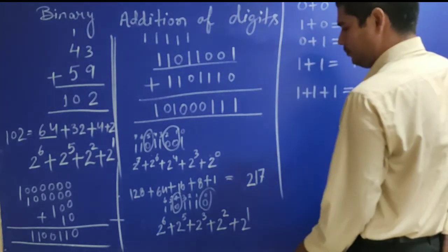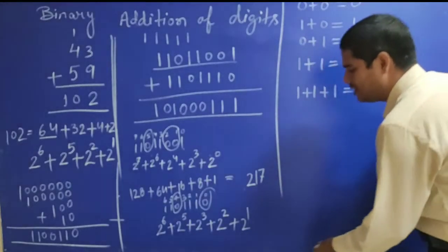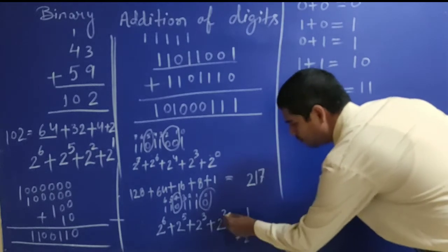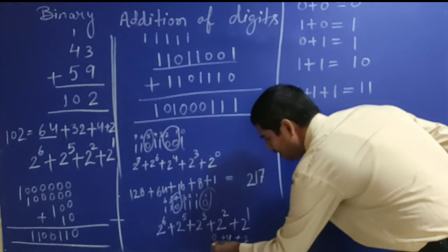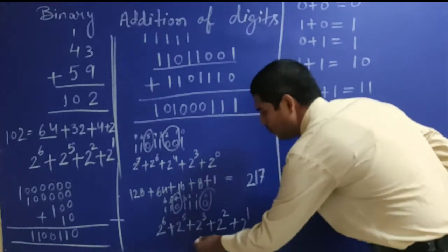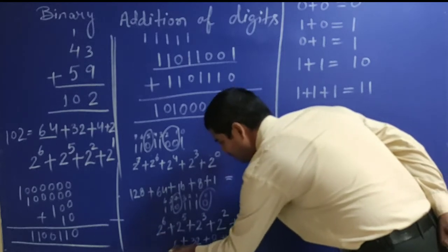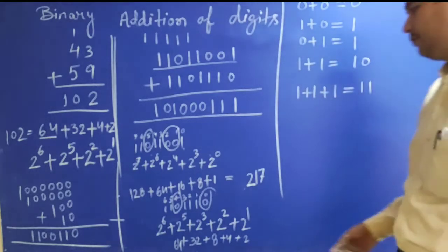Now we put the values: 2 to the power 1 means 2, 2 to the power 2 means 4, 2 to the power 3 means 8, 2 to the power 5 means 32, 2 to the power 6 means 64. Now we will add these numbers.